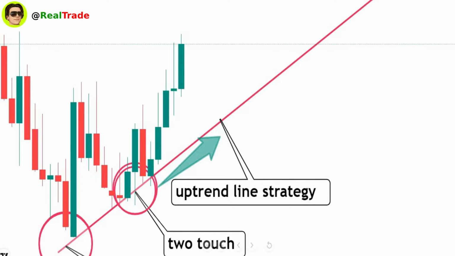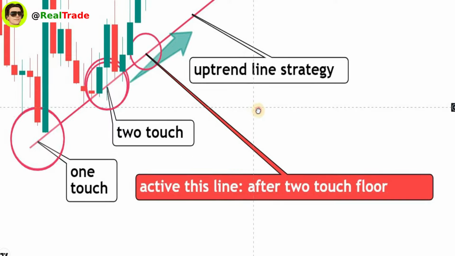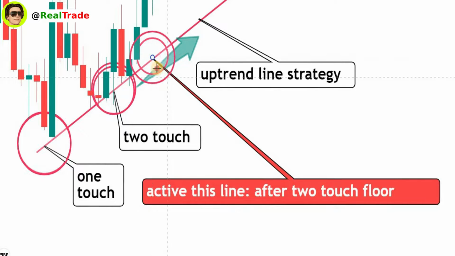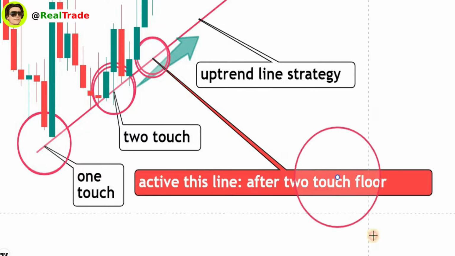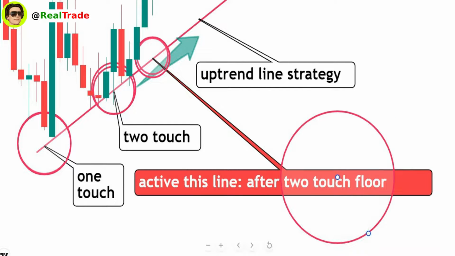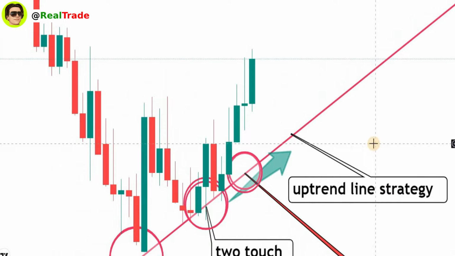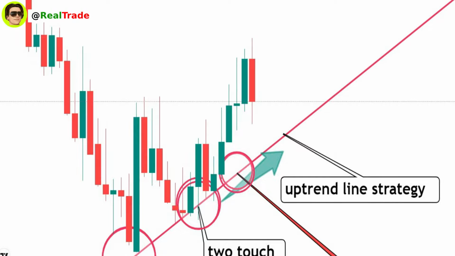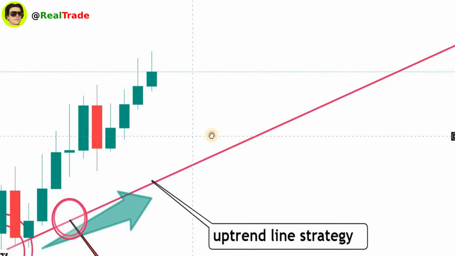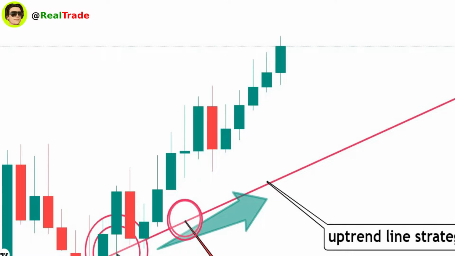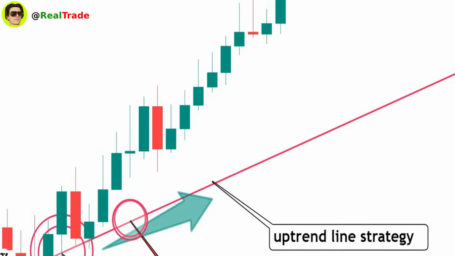Look at the chart. This point active strategy. Active this line after two touch. Look at the chart. I recommend you watch this video thousands of times and practice. Look at the candle. Next, continue.